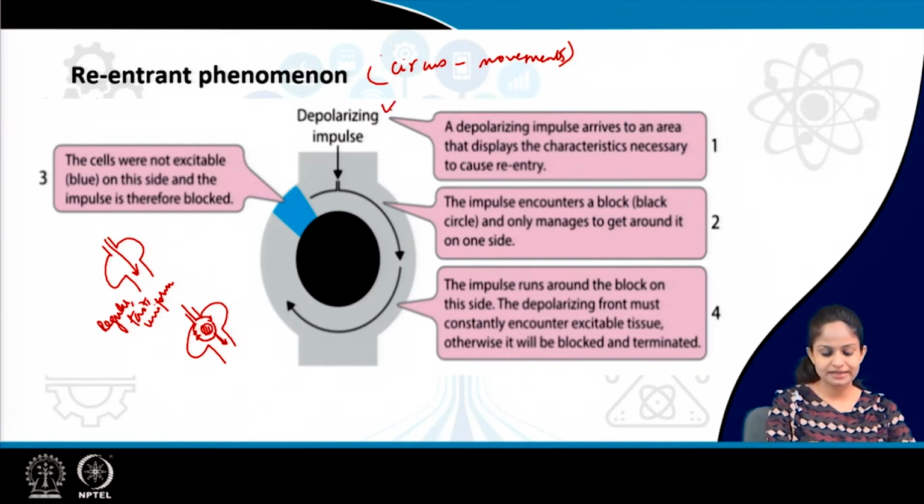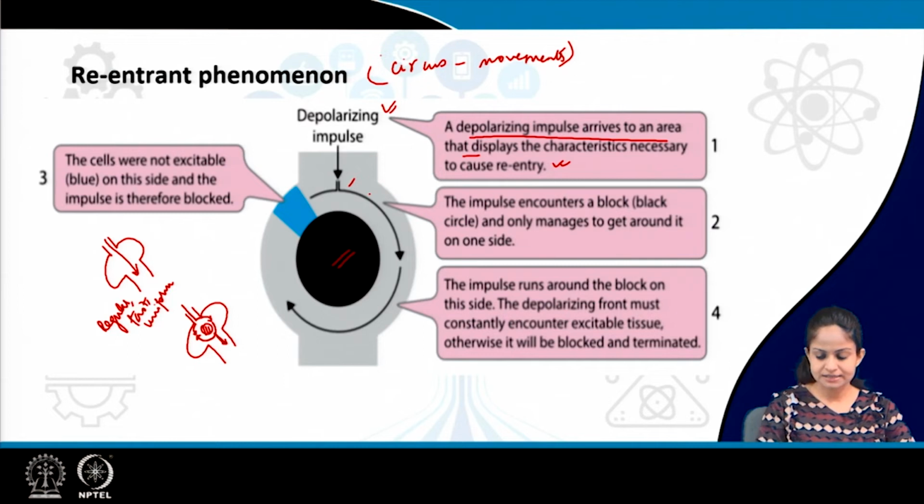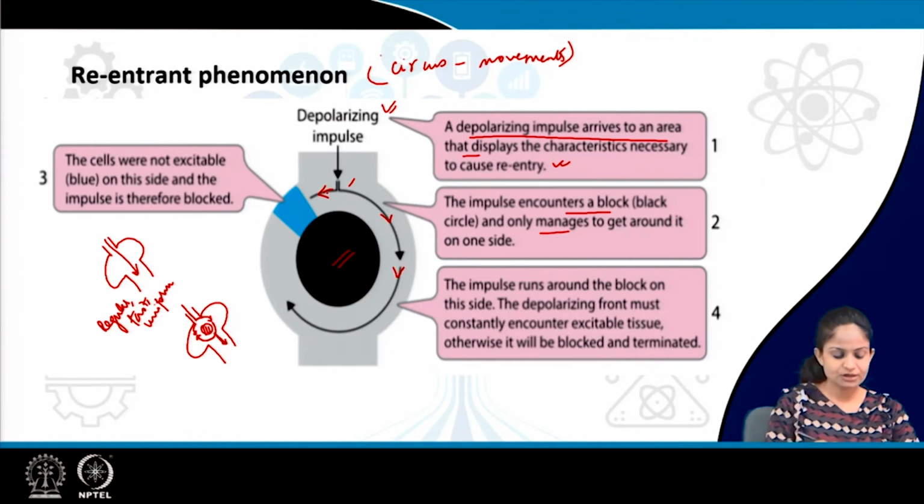So, we can see a depolarizing impulse arrives to an area that displays the characteristics necessary to cause the re-entry phenomenon. Here it is entering, and you can see this is the scar tissue. The impulse encounters a block, this black circle, and manages to get around it. Now, this impulse will not come to this part because the cells here are not excitable.